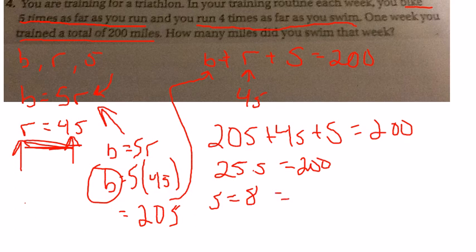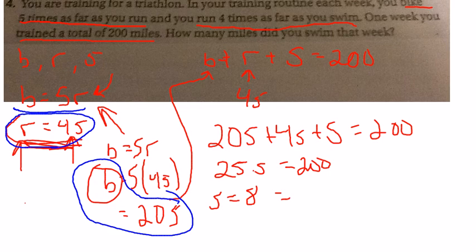Now, what I'm going to do is go back to this, to figure out the run and the bike. I know that the question's only asking for how many miles you swam, but it's good to check it and make sure it works, okay?